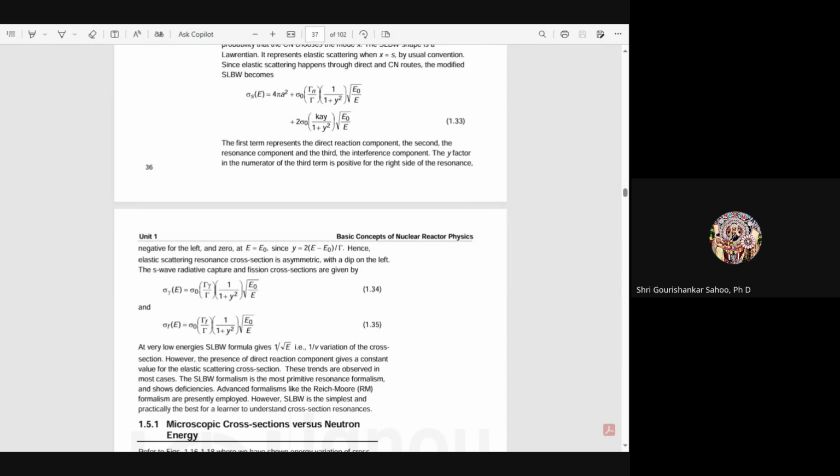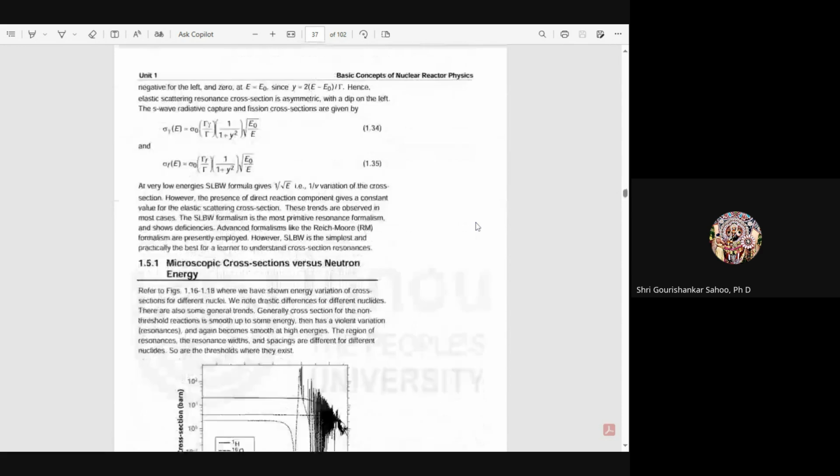Similarly, S wave radiative capture and fission cross sections can be written as sigma gamma, which is a function of E, is equal to sigma 0 gamma gamma by gamma multiplied by 1 by 1 plus y square, root over of E0 by E. So your sigma f is equal to sigma 0 gamma f by gamma times 1 by 1 plus y square, root over of E0 by E.